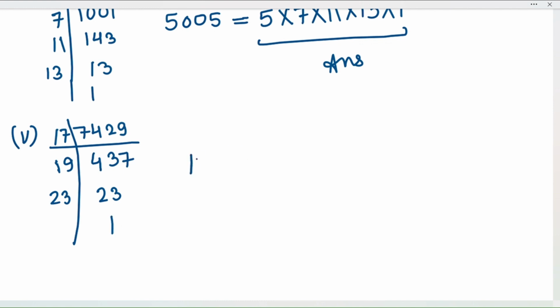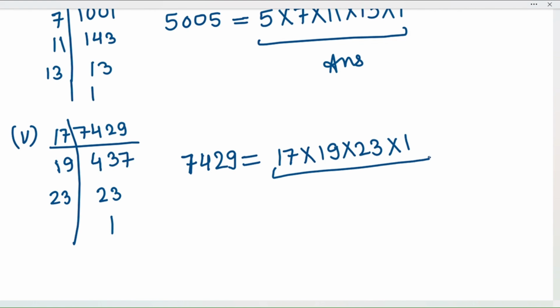Yeah, this is the prime factorization of 7429. It is 17 multiplied by 19 multiplied by 23 multiplied by 1. Okay, so 7429 can be written as product of its prime factors, and its prime factors are 17, 19, 23 and 1.